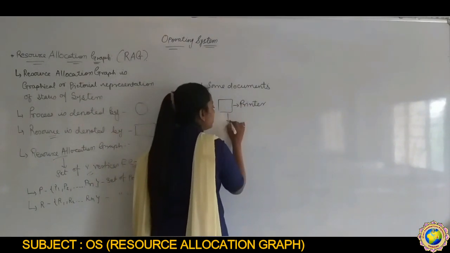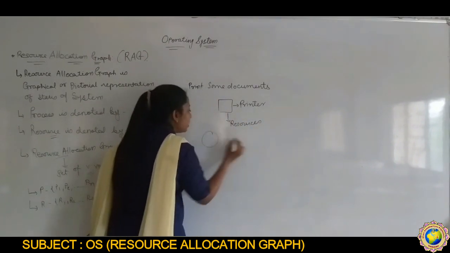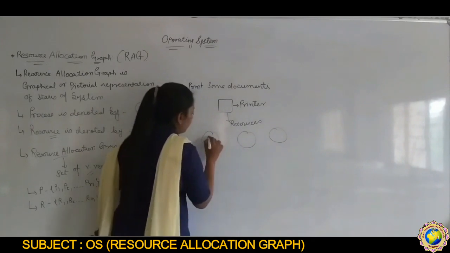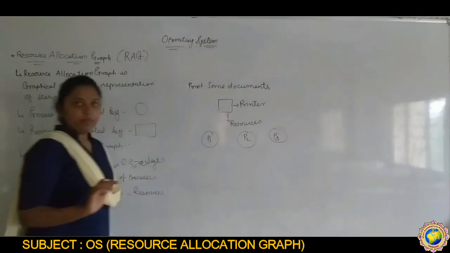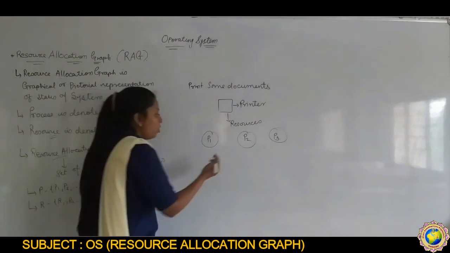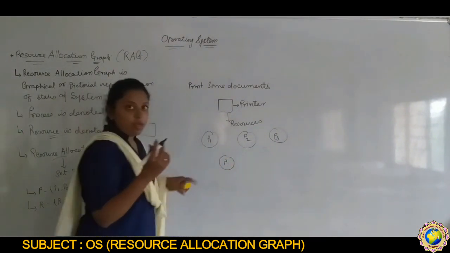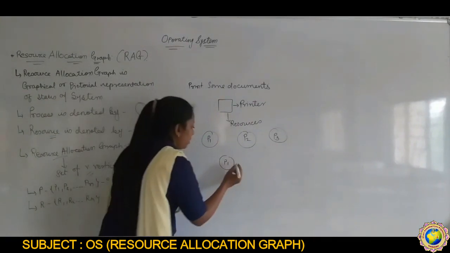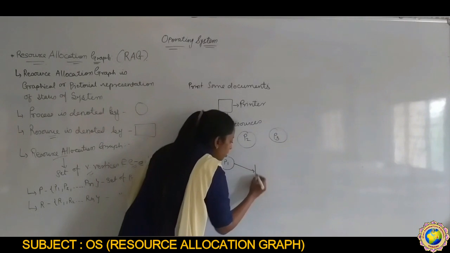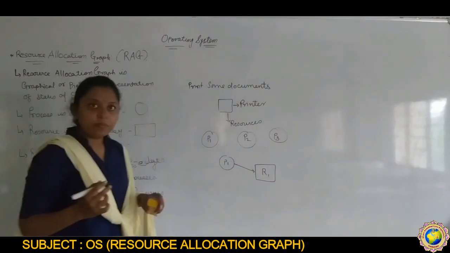That is our resource. And some processes are there, P1, P2 and P3. Here the P1 process is requesting the printer.